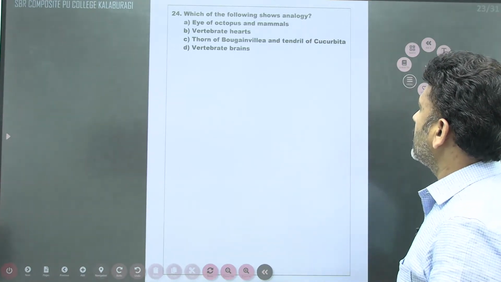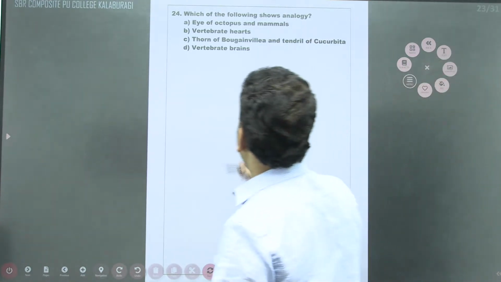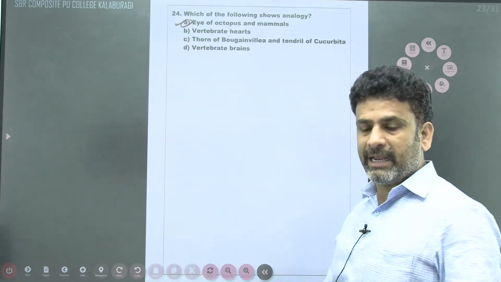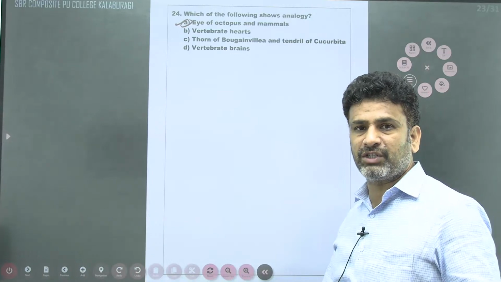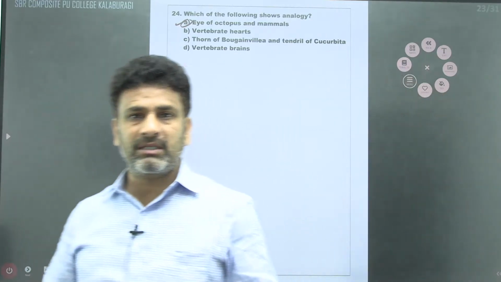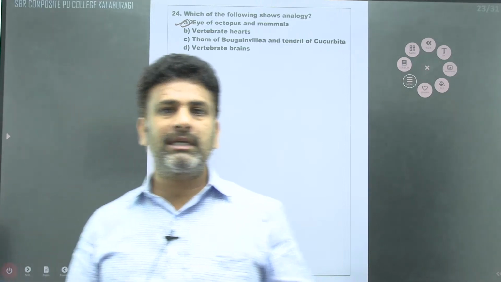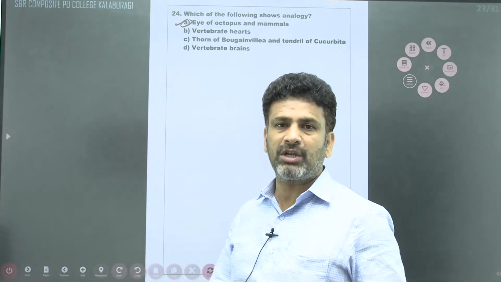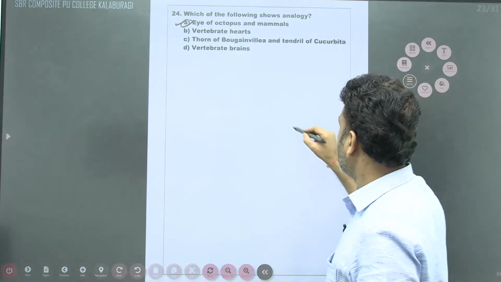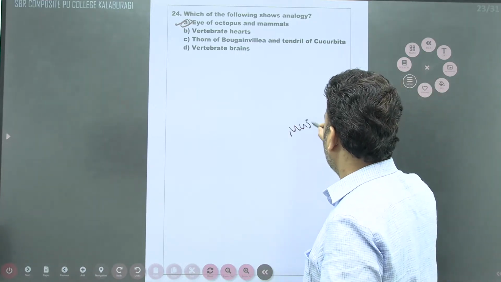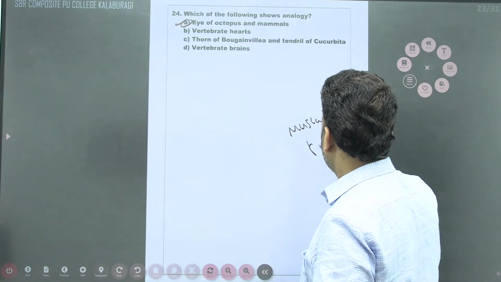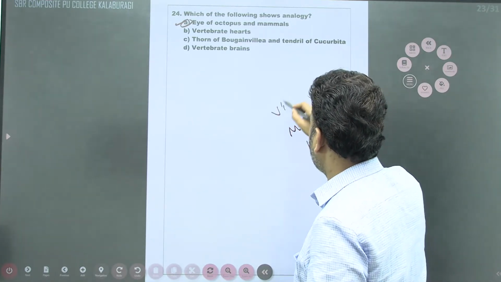Which of the following shows analogy? The eyes of octopus as well as the eyes of mammals show analogy because the eyes mainly perform the function of vision. But the eyes of octopus belong to the mollusca. Molluscans do not possess eyes at a particular site; it varies because they mainly possess a muscular foot as well as a visceral mass.